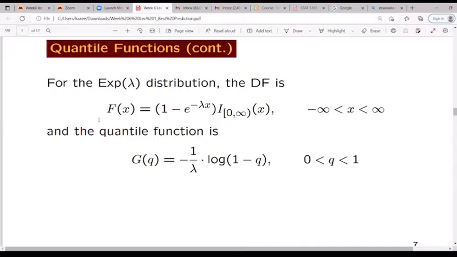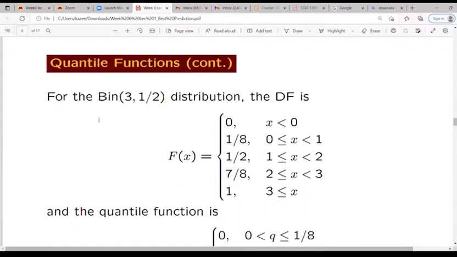Don't forget, I derived the distribution function from the given exponential distribution, then solved for x, and from there derived the quantile function. And don't forget the quantile lies between 0 and 1. We're not going to have a 0 quantile or 100%. A quantile is going to be greater than 0 but less than 1.